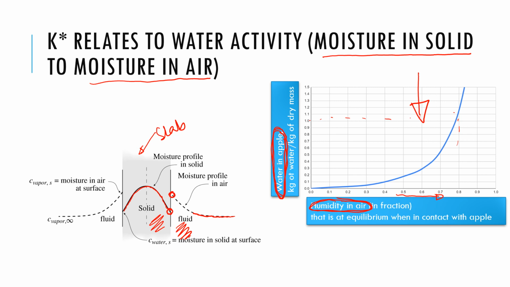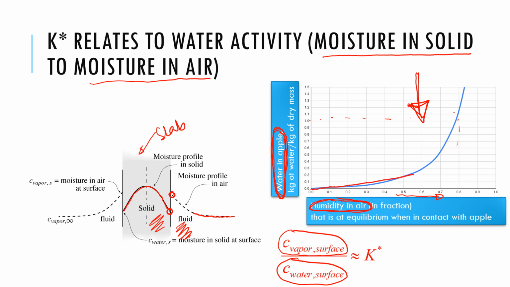So to keep things consistent, the concentrations need to be in any one unit or other, and that's where the conversion comes in, the K star comes in. So the conversion simply is this: concentration of vapor at the surface and concentration of water at the surface, which are related by this equation, is a ratio.